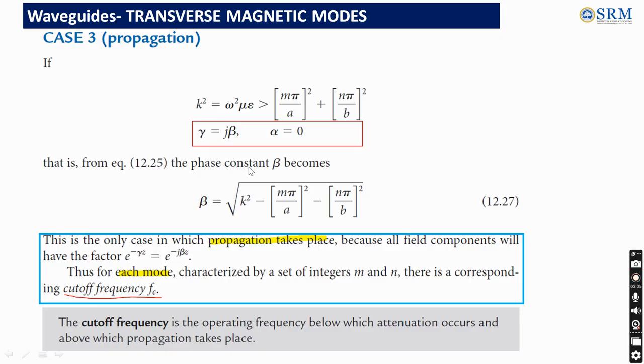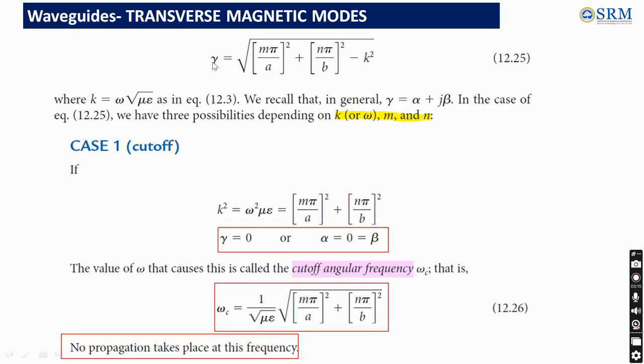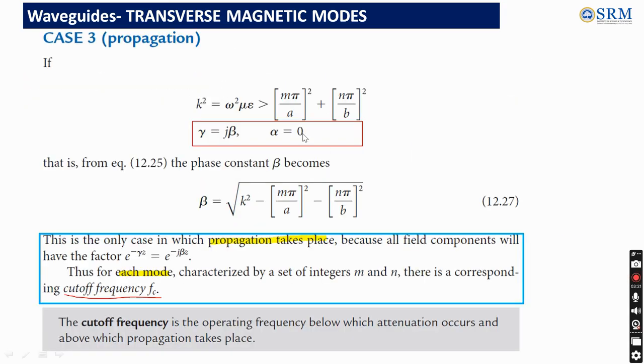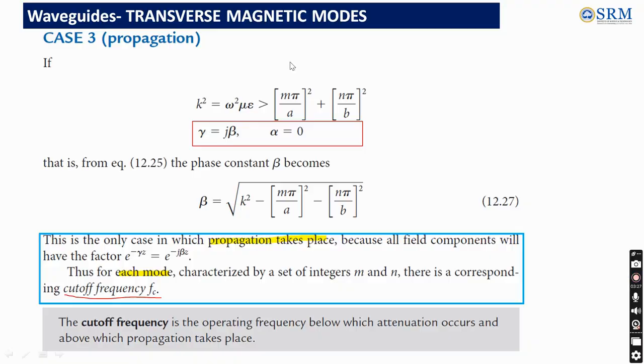And how will I find the phase constant? This gamma is going to be equal to j beta, and since k square is larger, the entire term interchanges. So beta is the square root of k square minus (m pi by a) the whole square minus (n pi by b) the whole square.